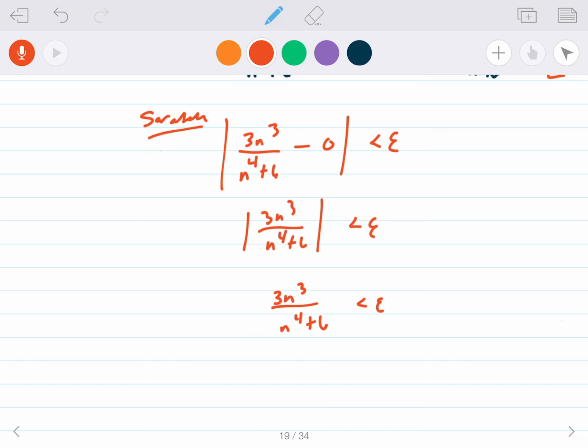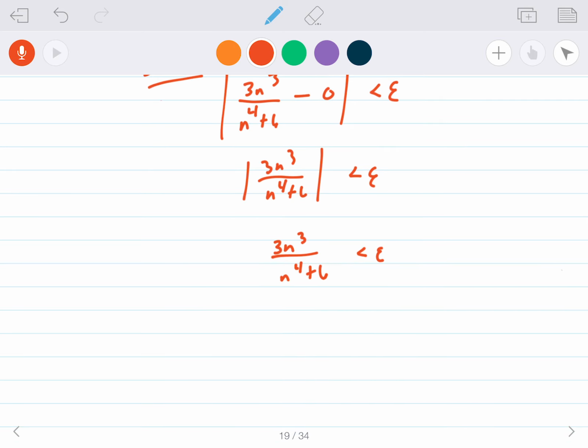And we want to get little n by itself so that we can choose what our capital N has to be. And so if I try to do that, I realize that I can't get little n is bigger than something. If I multiply both sides by n to the 4 plus 6, and then divide both sides by epsilon, I could get 3n cubed over epsilon bigger than n to the 4 plus 6.